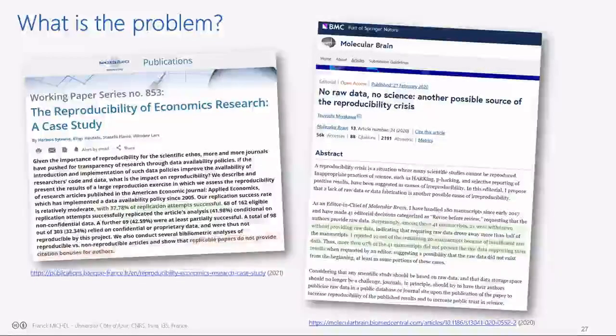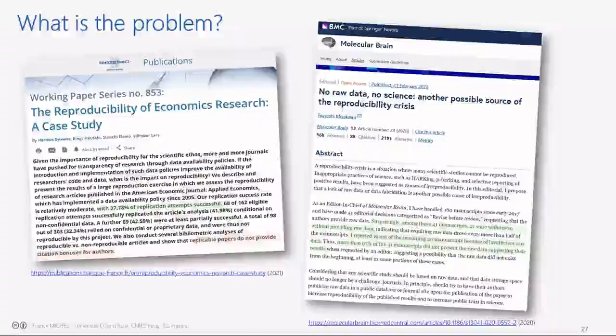Other examples of papers that talk about this problem of reproducibility: on the left side, this is in the domain of economics, where they made a study that shows that only 38% of the papers they tested were successfully replicated. The one on the right is even much worse. It's actually very concerning.